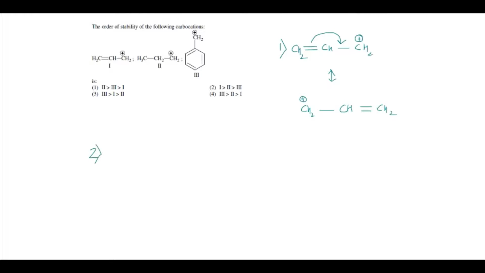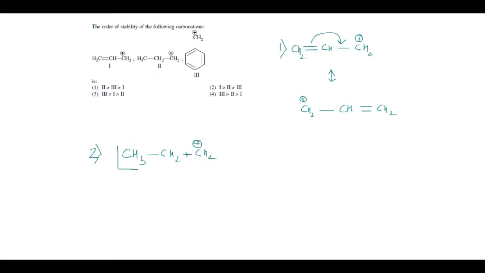In option 2, we have an alkyl system like this. This is a primary carbocation. Actually, all these 3 carbocations are primary carbocations. In option 2, the only effect which can stabilize the carbocation here is the inductive effect of this alkyl group. So the inductive effect is just pushing the sigma electrons towards the positive charge.